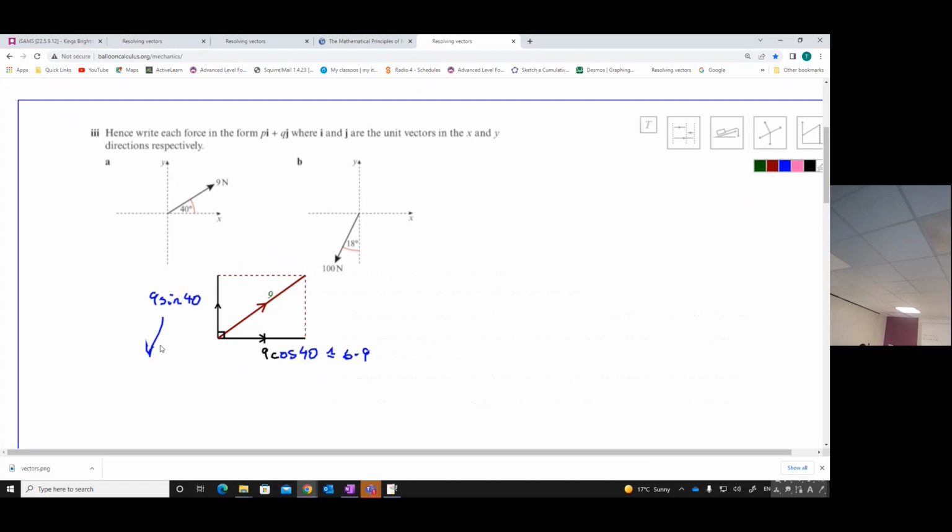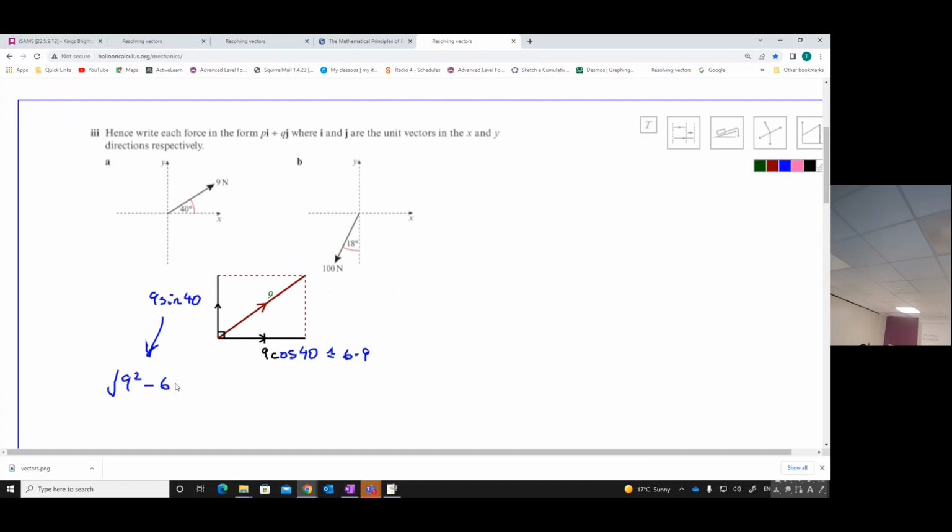But Arno's idea was delightful, that we say it's got to be the square root of 81, which is 9 squared. So we're using Pythagoras and saying 9 squared minus 6.9 squared.